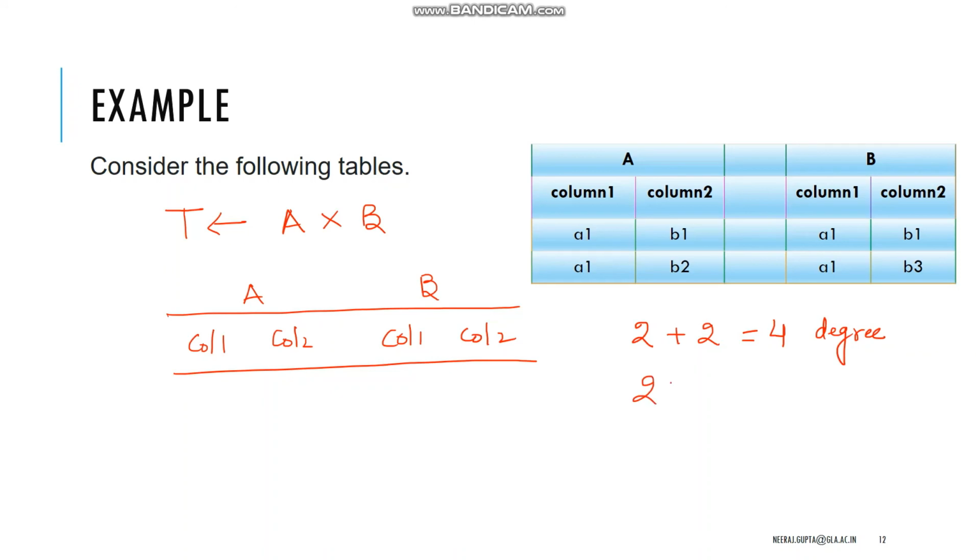The total number of rows in A is 2 and the total number of rows in B is again 2. So there are 4 tuples in the final relation. What are these tuples?